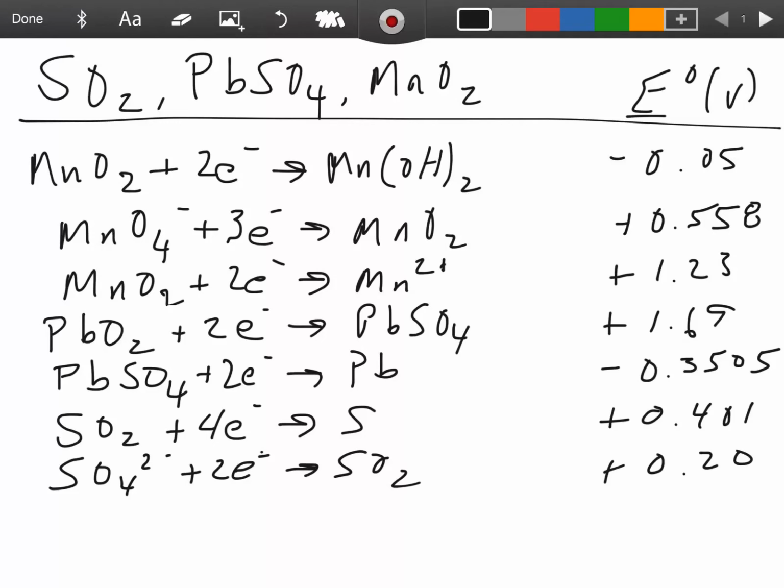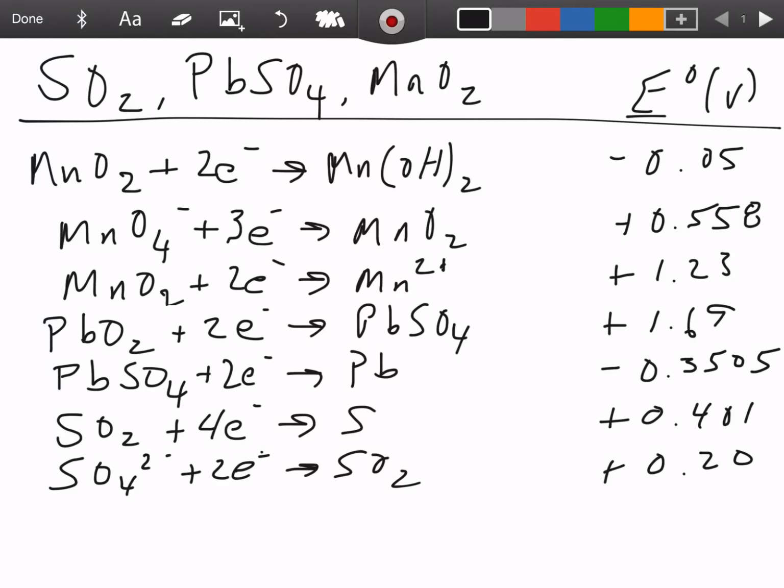So if I want an oxidizing agent, all of the things on the left-hand side are oxidizing agents. MnO2 can be an oxidizing agent, MnO4 minus can be, PbO2 can be, lead sulfate can be, sulfur dioxide can be, and so can the sulfate ion.